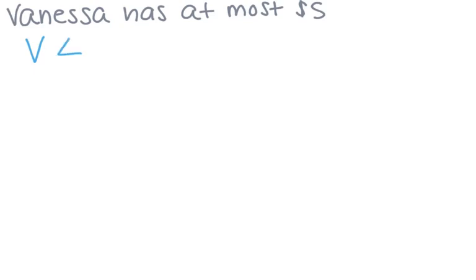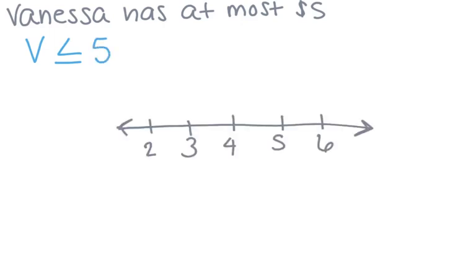So it's going to be V is less than, but she has at most $5, so that tells us equal to. So V is less than or equal to 5. And now we can plot our point on our number line, and because it's equal to, it's a closed circle, and to show less than, we're going to draw our arrow going that way to the left.